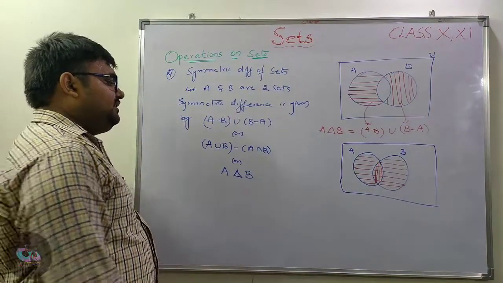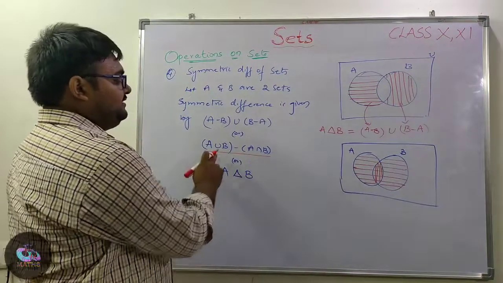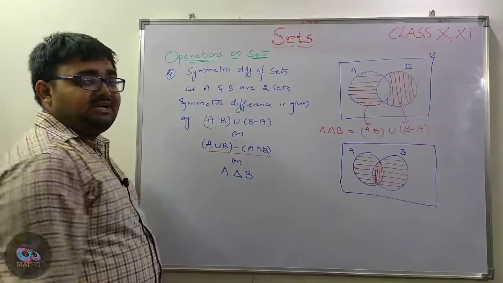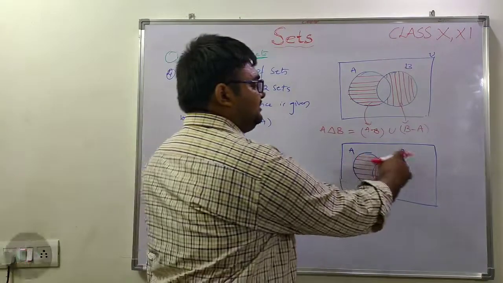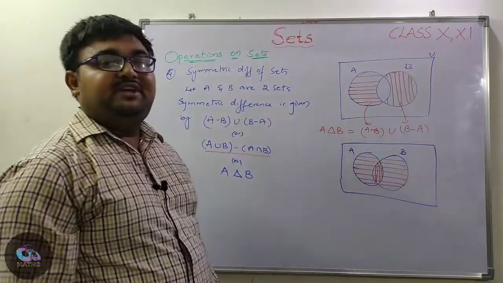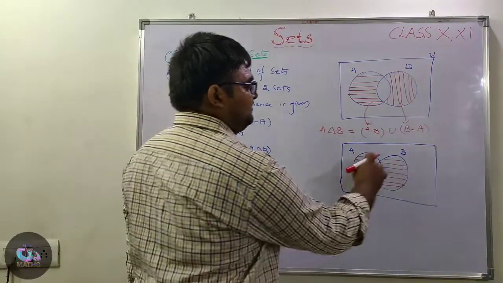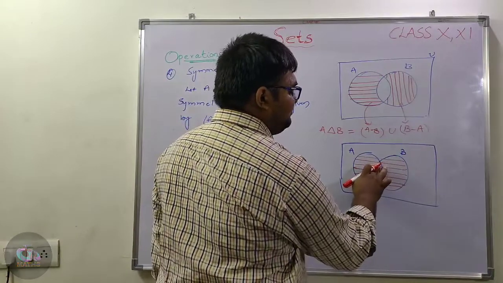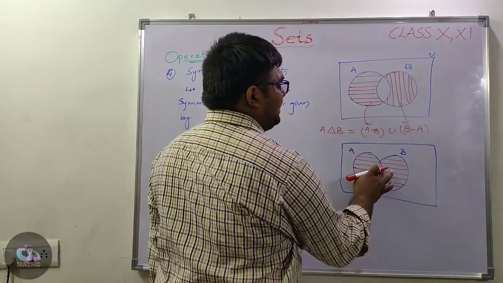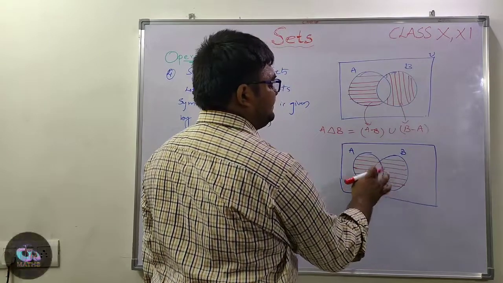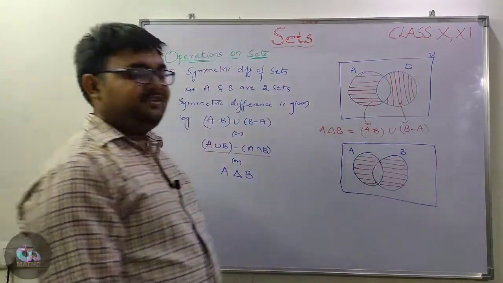intersection B. Now what I have taken here is, in A union B, I am taking the difference of A intersection B. So from the total A union B, if I remove A intersection B, so from this total part I am removing A intersection B. Did we get the same figure?